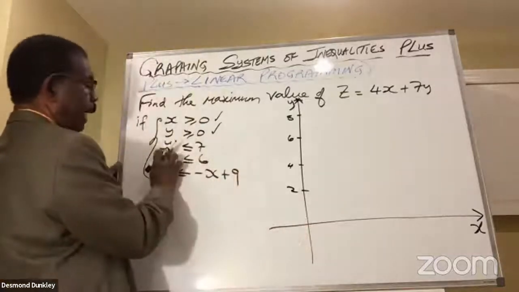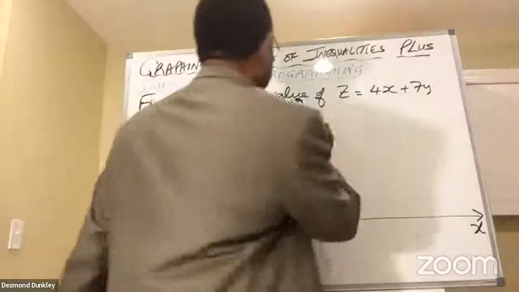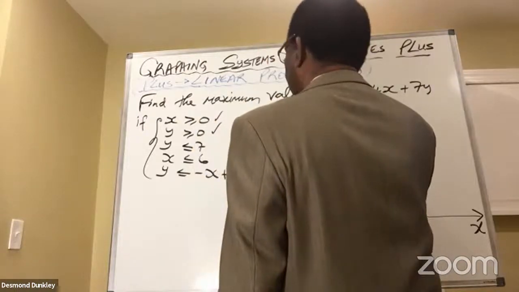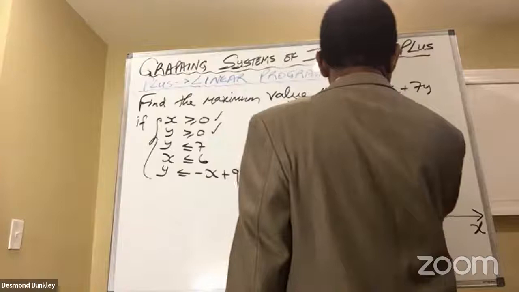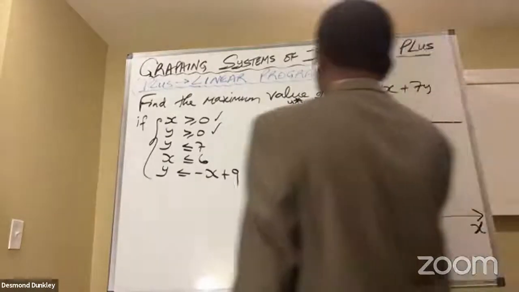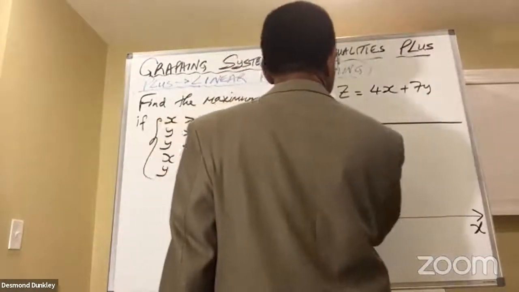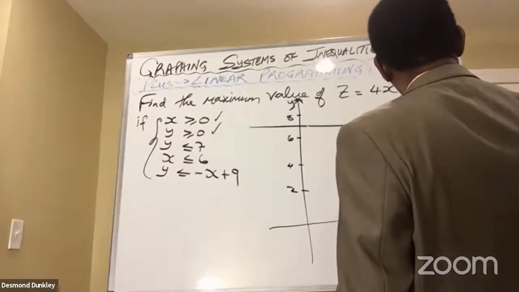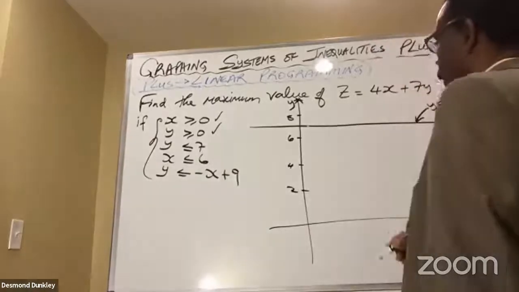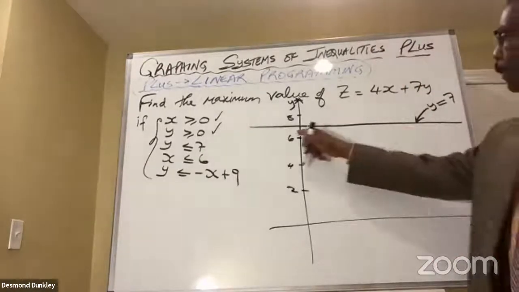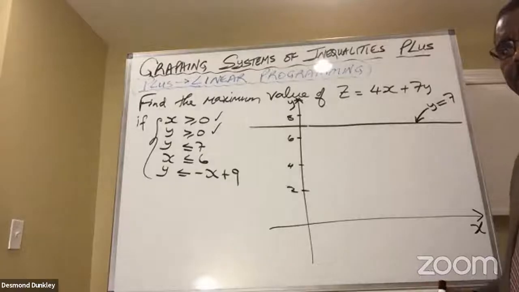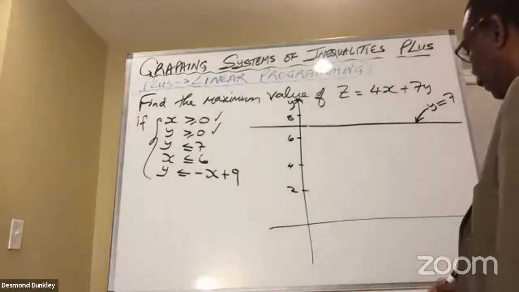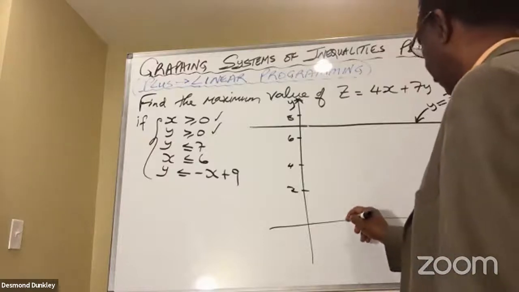Okay, so y is less than or equal to 7. So this is 7 right here. So this is the line y equal to 7. Y is equal to 7, between 6 and 8, then x must be less than or equal to 6. So we could go here.